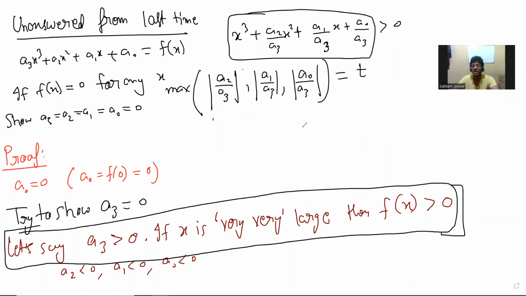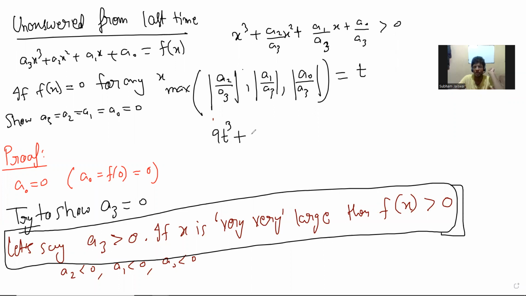Okay. Let's try 3t. Let's try to take 3t and see. Then this becomes 9t cube. Then this is a2 by a3, 4t square, 3t. Do you think this will be good enough? So I should write 3t.